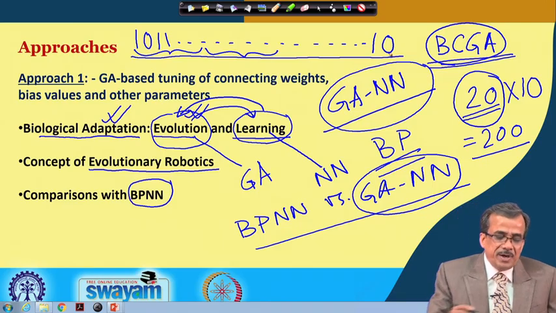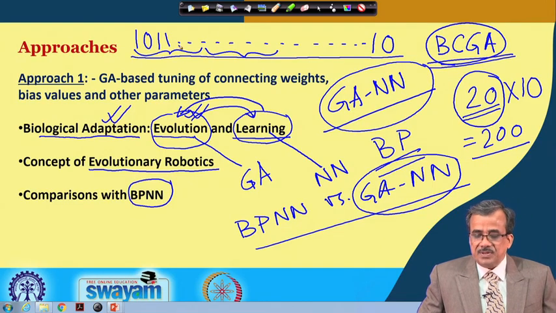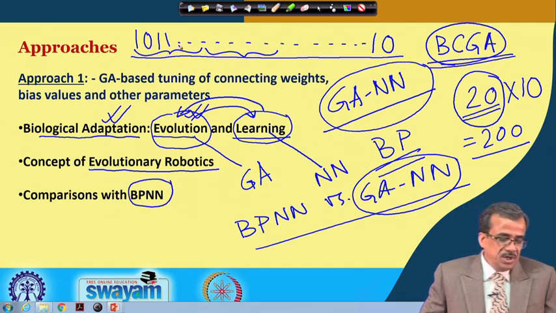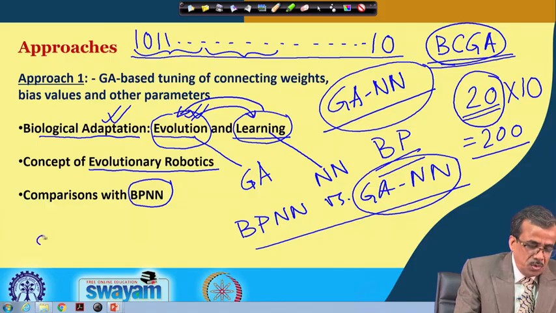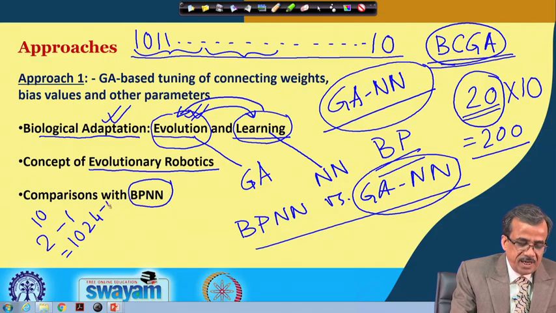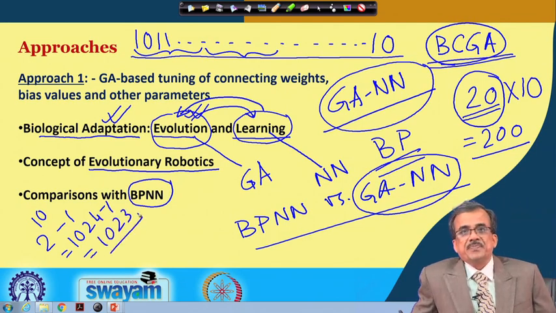The moment we use 10 bits, we are going to divide the range of these variables into 2 raised to the power 10 minus 1, that is 1024 minus 1, that is 1023 equal divisions.